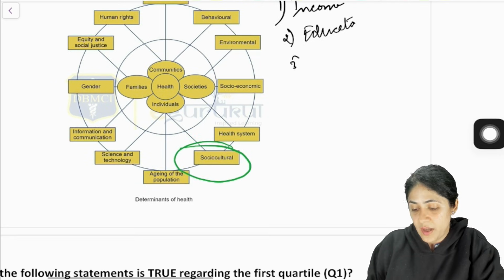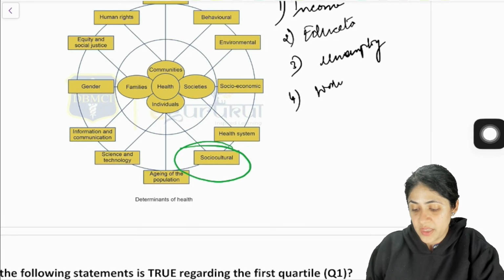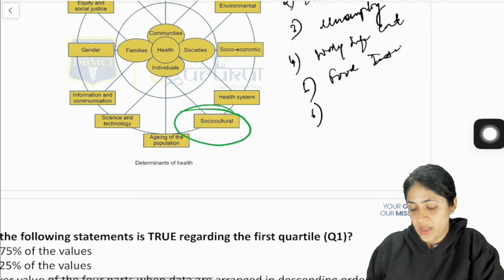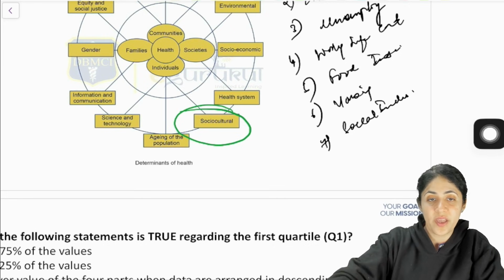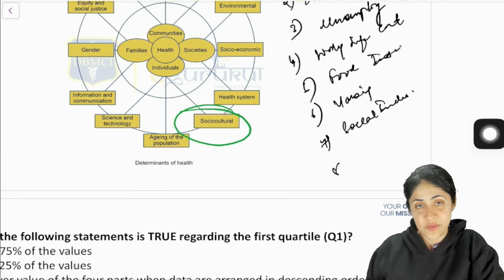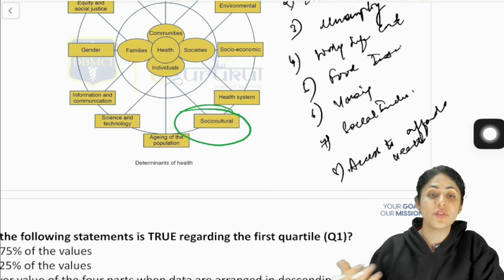Whether a person is employed, what his job security level is, what his working life conditions are, whether he is insecure about food, what his housing facilities are, what about his early childhood development, how included he feels in society, what structural conflicts he is facing, and whether he has access to affordable health services. All these are the social determinants.